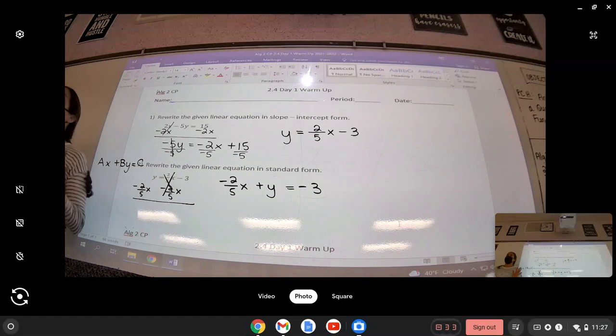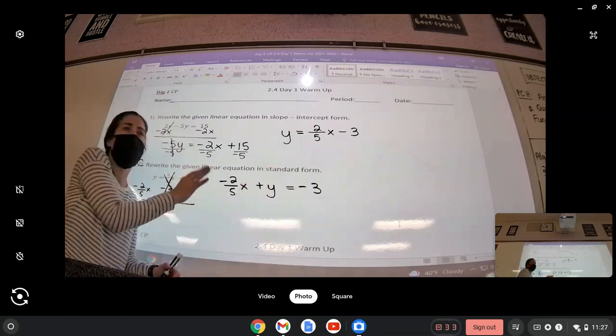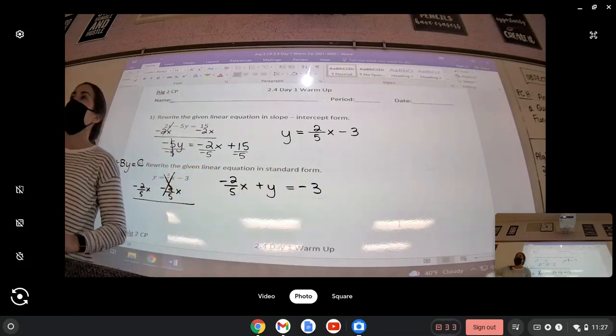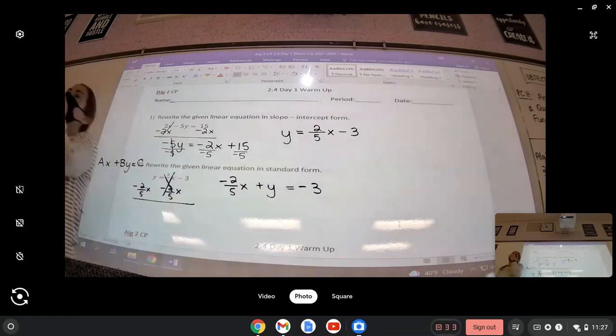Okay, so let's get rid of the fraction because we're going to be able to get all of these conditions met by trying to get rid of the fraction. So guys, we're going to use the same strategy we used when we tried to get rid of fractions in an equation. So we're going to look at the bad guys, the bottom. Who's the only bottom in this problem? Is 5. Now we would normally take a look at all the bottoms and then we would find the least common multiple of your denominators.